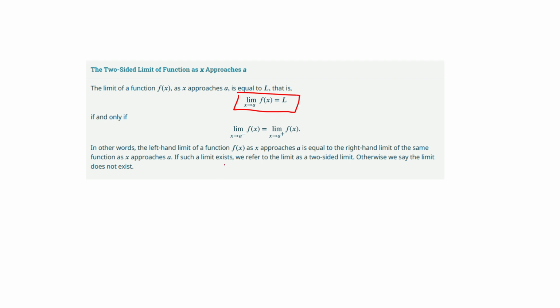In every case, no matter what's happening, whether you're coming from the right or the left, this is where this function is approaching. Now, that is only true if you're coming from the left and the right and you get the same value. So you can have right-handed limits, you can have left-handed limits, and if they're the same, then we don't need to say right and left. We can just say this always has a true limit.